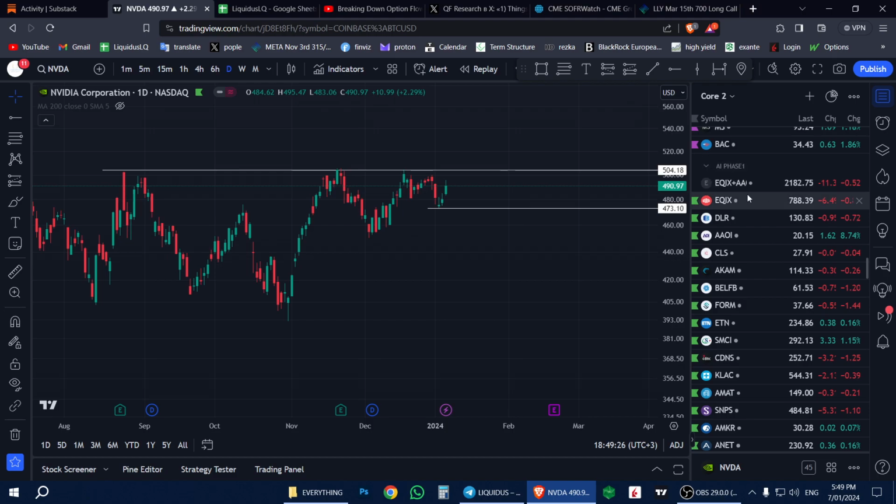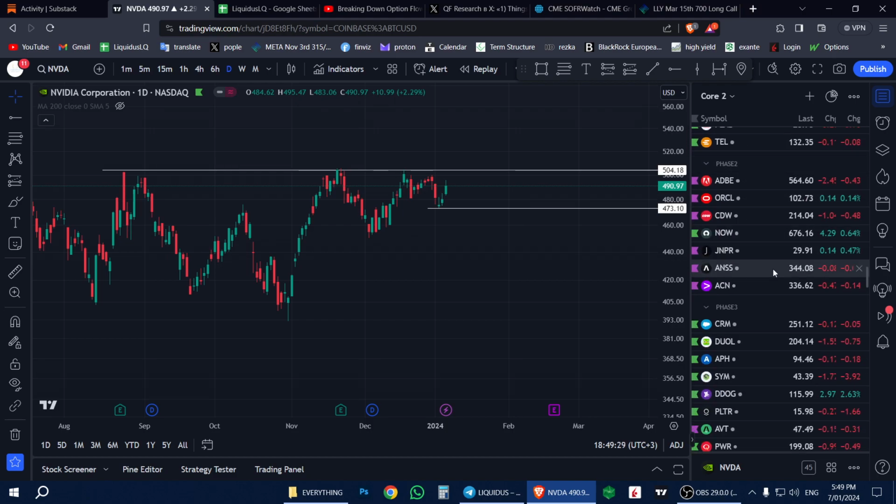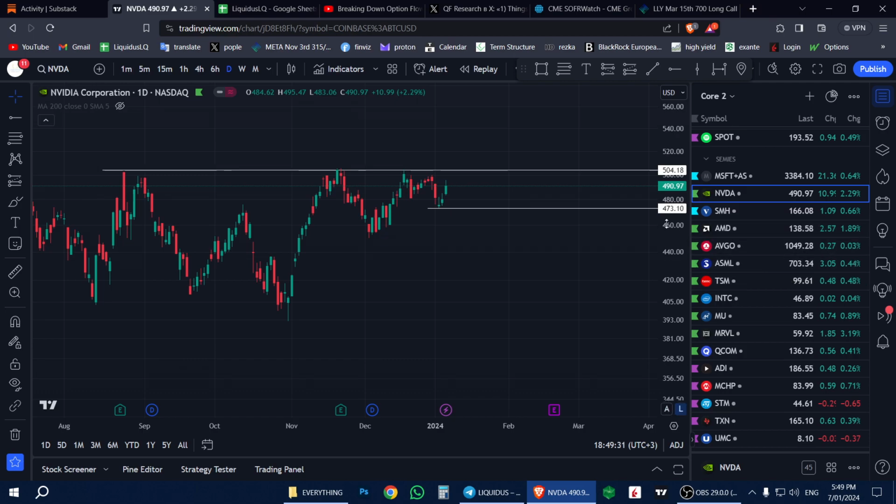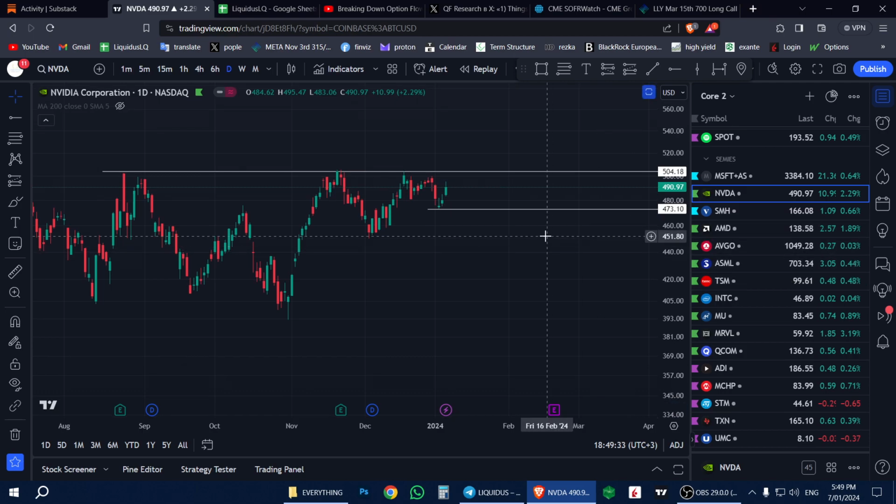And these are the names. There are plenty of names: AI phase 1, phase 2, phase 3, and there's NVIDIA. Once again, this is all for the next 2, 3, 4 months. These plays, we are cautiously stepping into them, meaning we're not putting the full position on right now, unless we're accumulating in that region, as we just outlined on SPX, unless we're getting a significant inflection point on a trading basis.